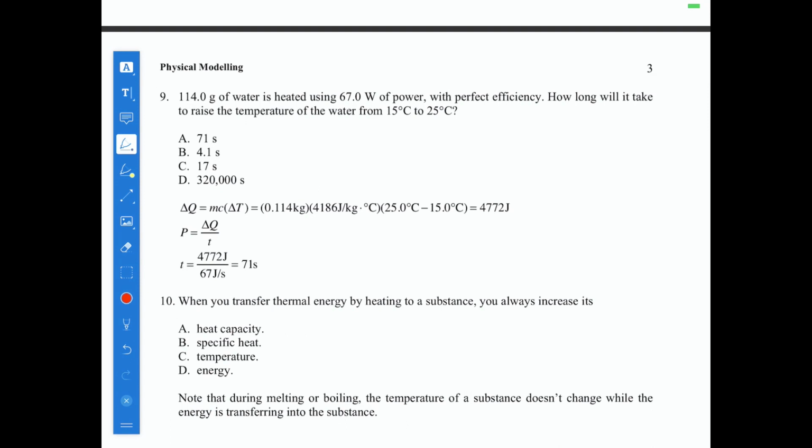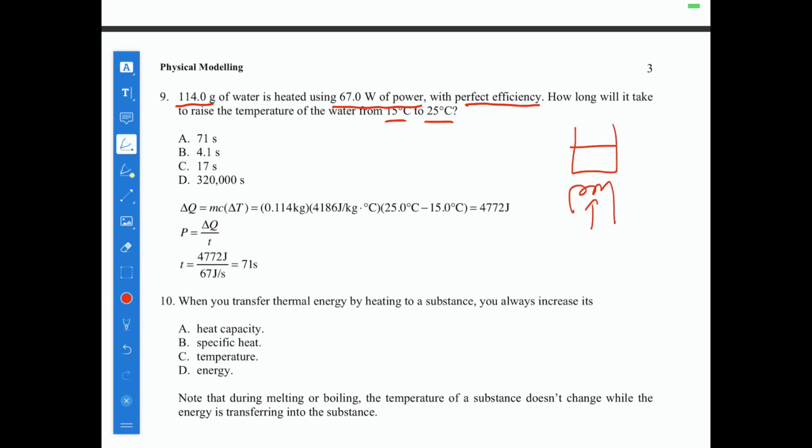Number 9. Again, this is a simple calculation time. You got this mass of water using this power with perfect efficiency. How long will it take to rise the temperature from here to here? So you're putting in power.